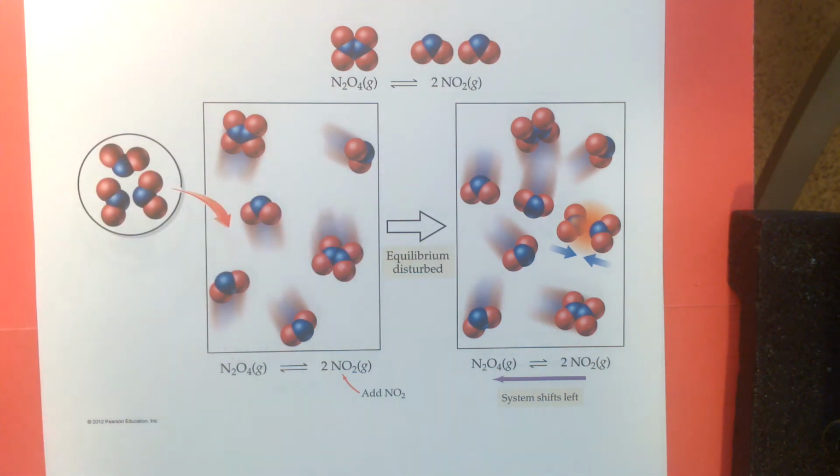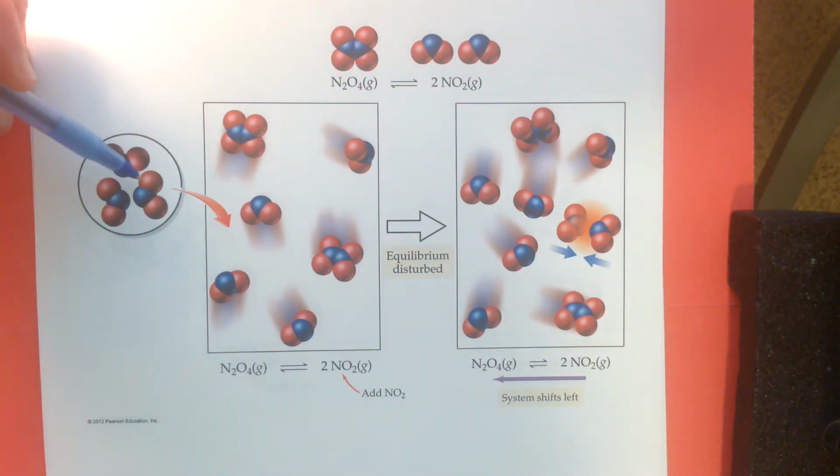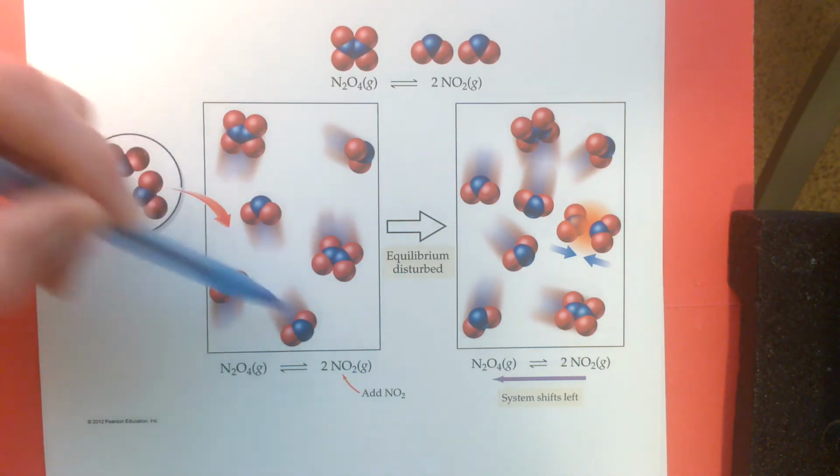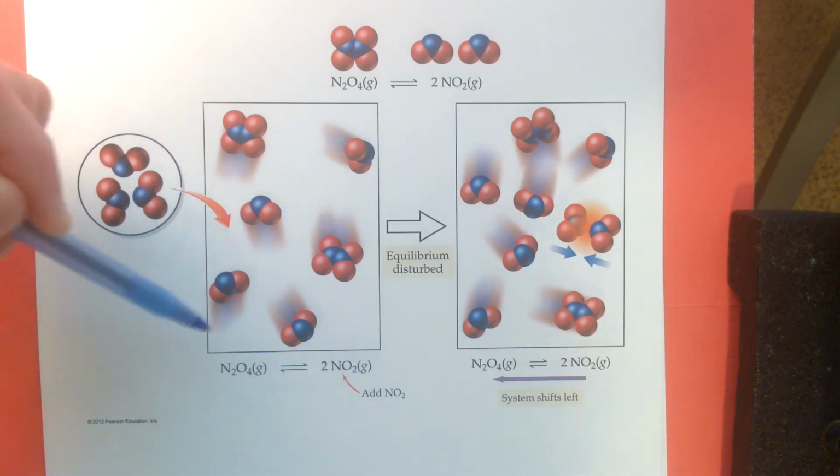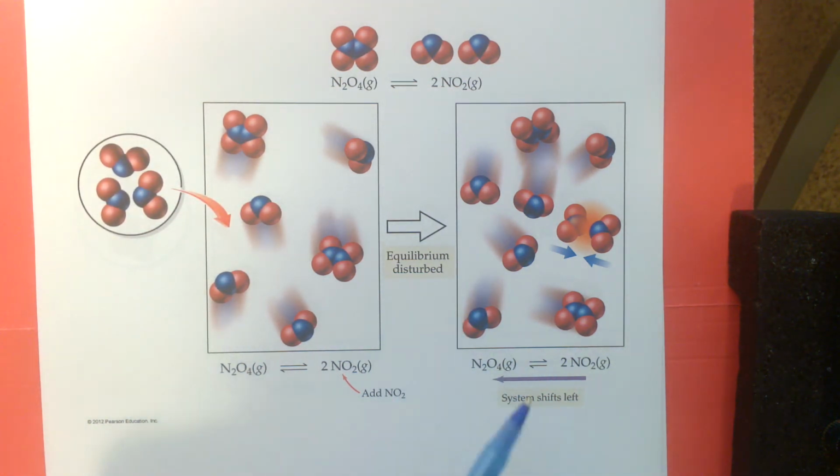Let's disturb the equilibrium by adding more NO2. Notice over here in our side picture, we're going to open up the vessel and drop in some more NO2 molecules. Now we've got an overabundance of NO2s. These are gas molecules, so they're going to be flying around, colliding into each other.